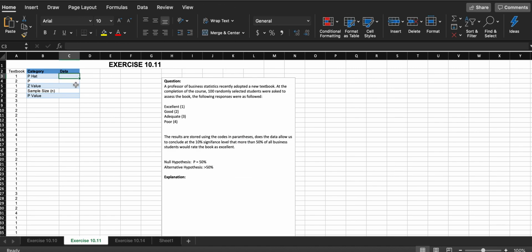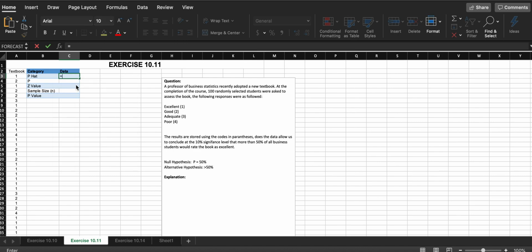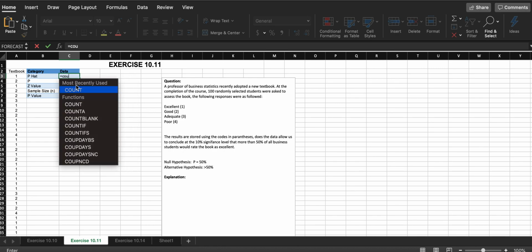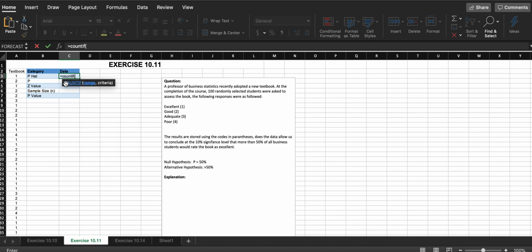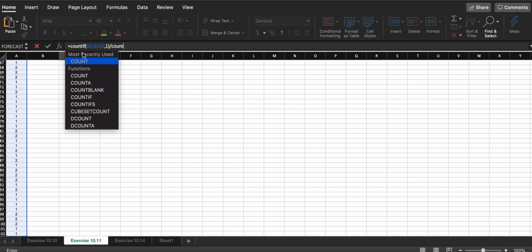So p hat, the code for this, it's going to be equals COUNTIF, A3 to A102, comma, it's going to be 1, close it, and then it's going to be our count command.